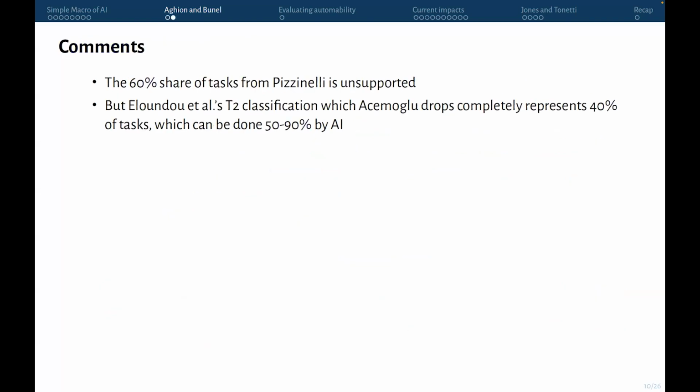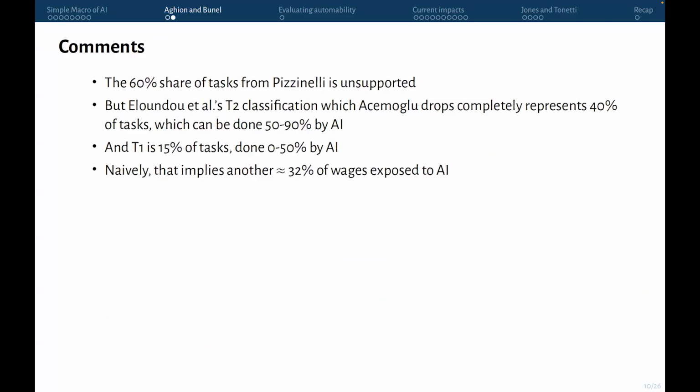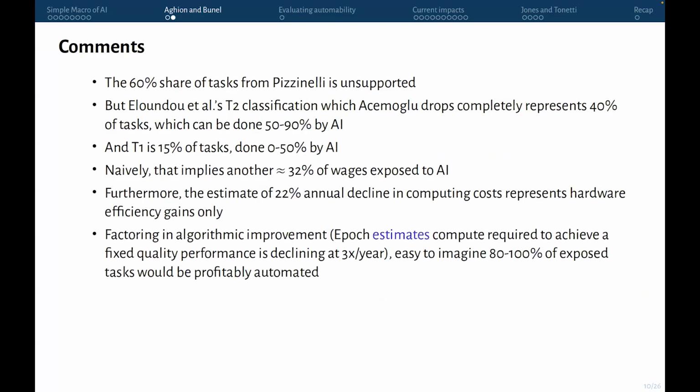Here's my own slightly preferred way of doing it. I don't think the 60% share of tasks is supported for the reasons I gave. But you could say, okay, we're going to take the Landau et al. classification seriously again, and we're going to factor in these T2 and T1 tasks that are partially automatable. If you just do that out, it implies another 32% of wages that are exposed to AI.